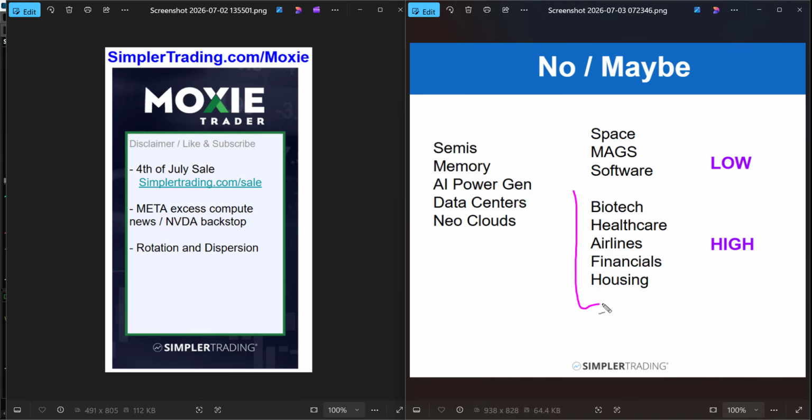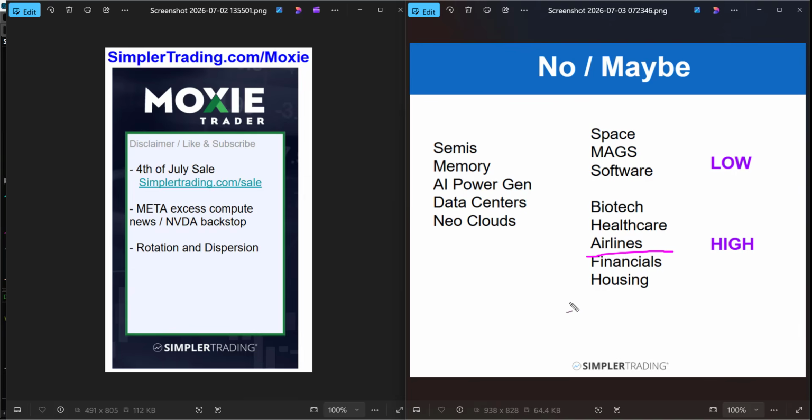And then over here on biotech, healthcare, airlines, financials, housing, I say these are maybes because they've actually been doing great, but the problem is they might be a little extended right now. You look at biotech with LabU or IBB, man, what a huge move. But you don't really want to go buy that right now, so we should have a pullback. You look at the airlines. I've been talking about the airlines for over a month at this point. It's been a huge move, it's been great, and we've been taking profits on it.